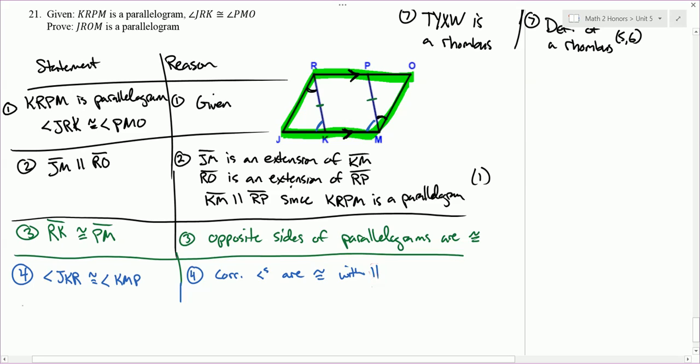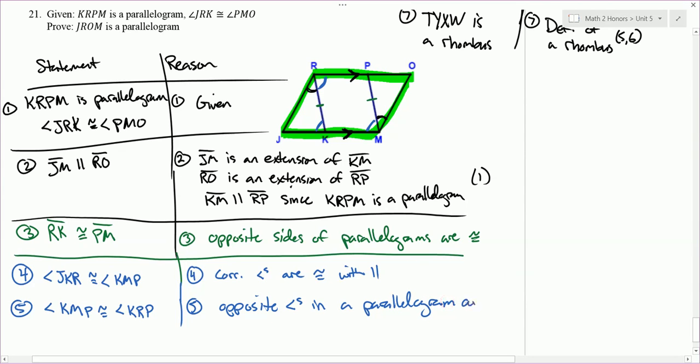Okay, and then we could say that angle KMP is congruent to angle KRP, and the reason is opposite angles in a parallelogram are congruent.